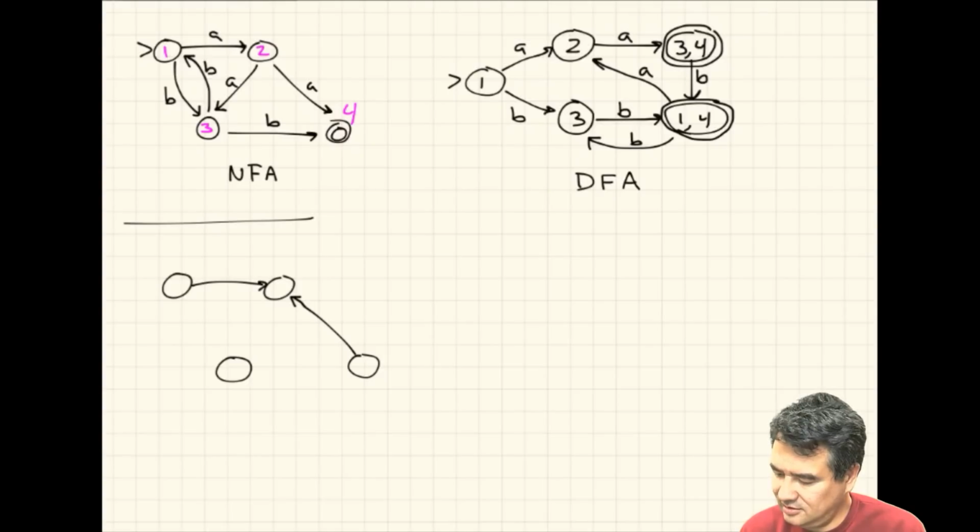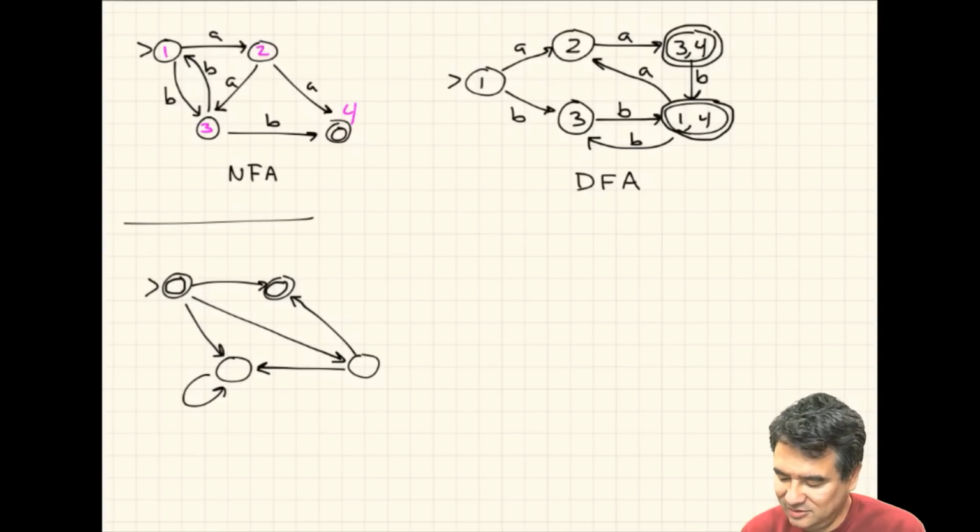Let's see, I guess I'll make this one be an accepting, and I'll make this one be an accepting, and we'll see where we go with that. Come over here. Let's go that way. Let's go all the way down there. Let's put in a loop there. Notice I haven't labeled any of the transitions yet. I'm just drawing the arrows.